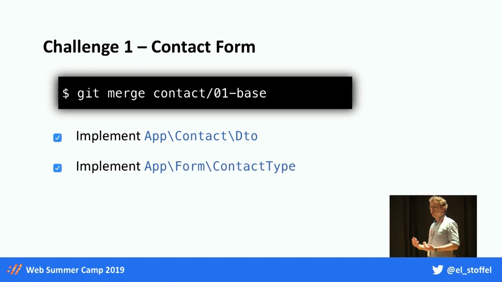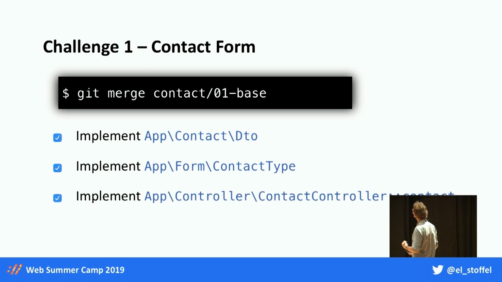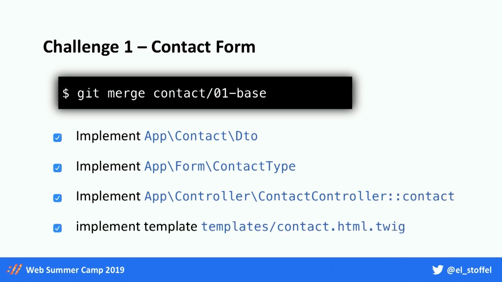If you have the DTO, you can easily implement the contact type. If you have questions about that, just raise your hand, and Christian and I will help you out. And afterwards, you can implement the controller action and the template.